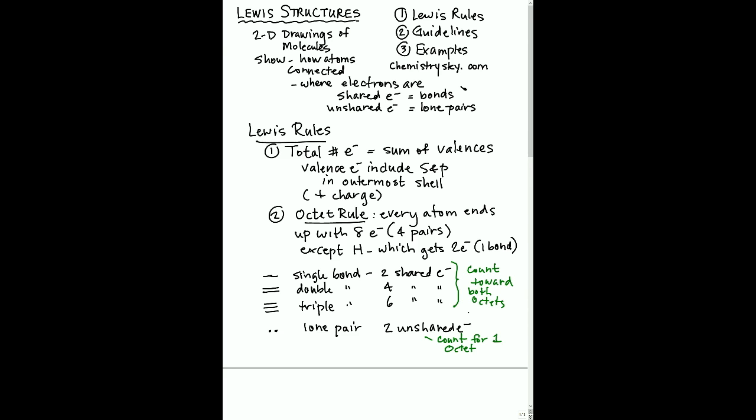Okay, so now we're going to talk about how to connect the atoms. This is what I'm calling Lewis guidelines. So these are not necessarily hard and fast rules. You'll see that, but at least they give you an idea of how to connect your atoms.